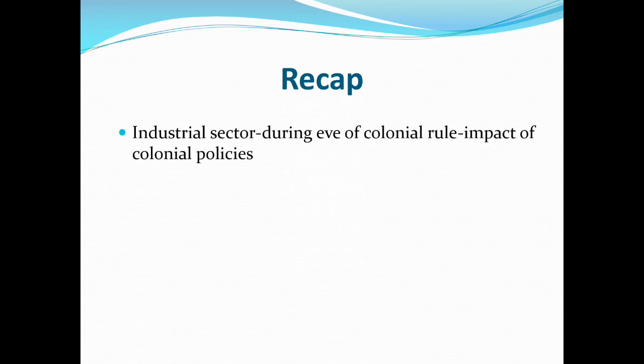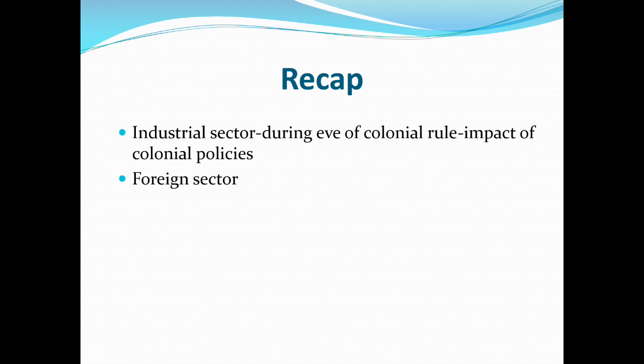Understood, girls? So, we will do a quick recap on what we studied today. We studied the industrial sector during the eve of colonial rule, then the impact of colonial policies. Then we studied the foreign sector, how the colonial government tried to impose rules on our country to supply goods to different countries, and how they controlled India's exports and imports.